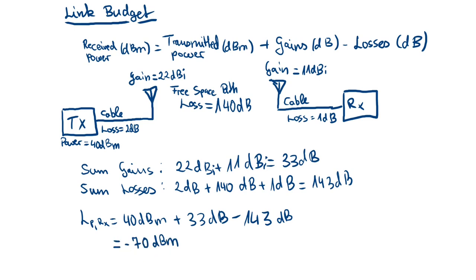So here you again see the advantages of using decibel, because you can just create differences instead of multiplying very large or very tiny numbers, which can be a bit complicated.